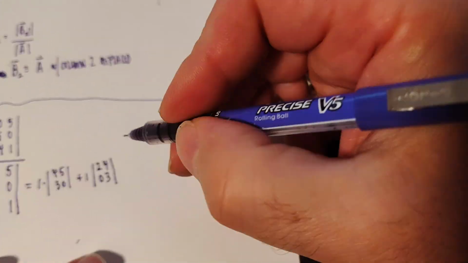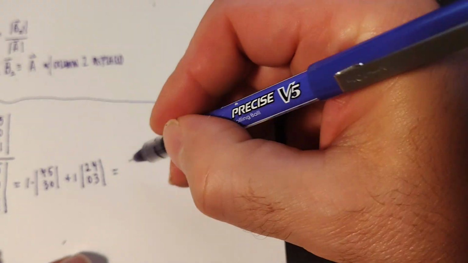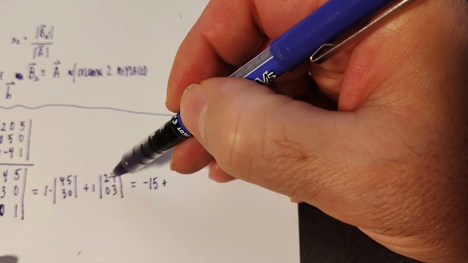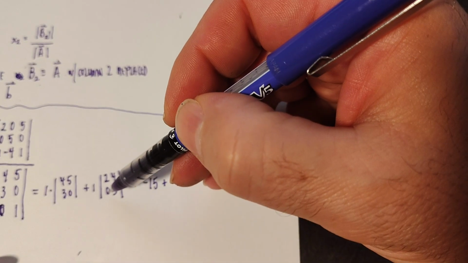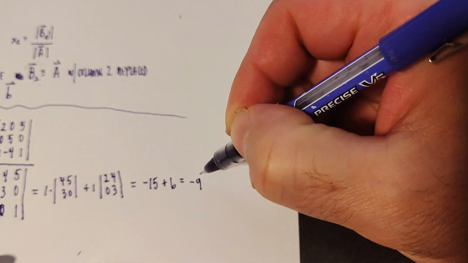And that just equals 0 minus 15, and then 6 minus 0, so plus 6, and that equals -9, as we expected.